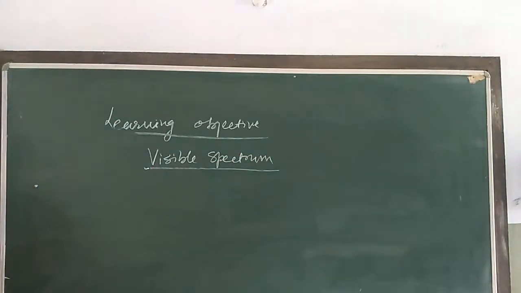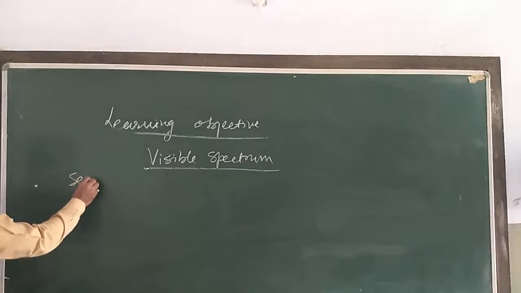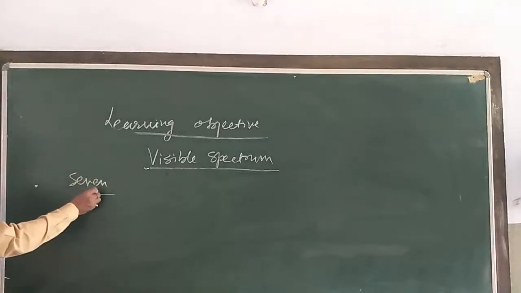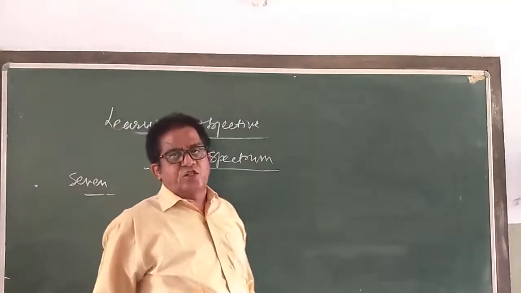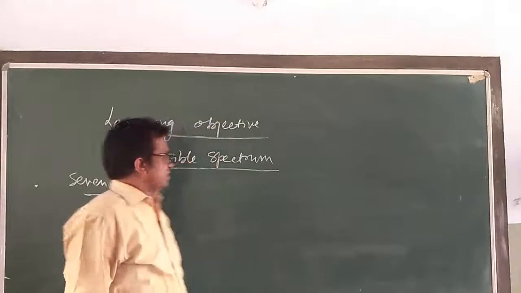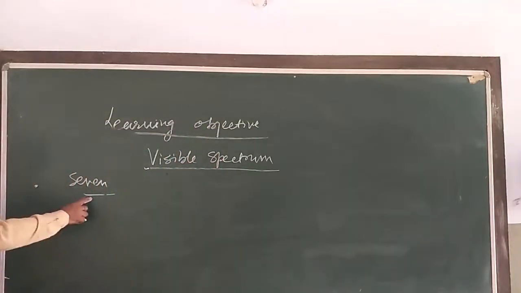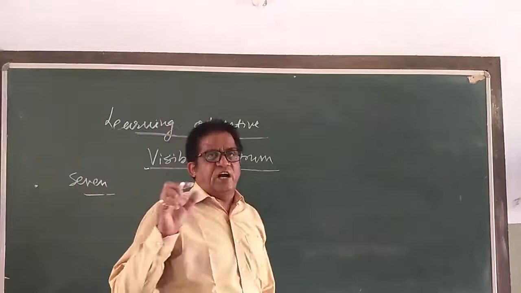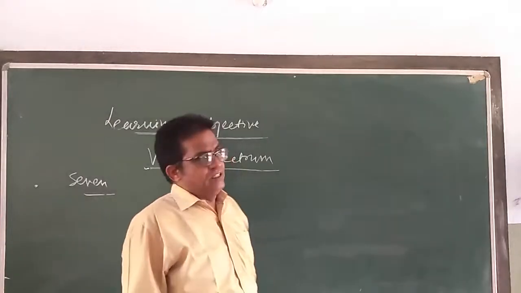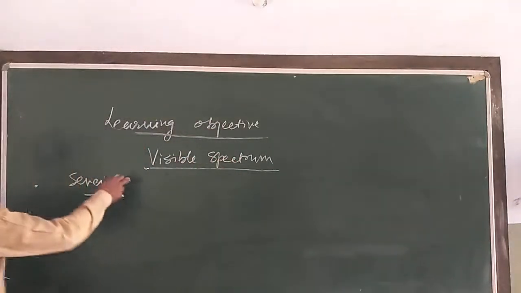The band of 7 colors obtained on a screen on passing white light through a prism is called a spectrum. All the colors in this spectrum are visible with our naked eye. So these are called visible spectrum.